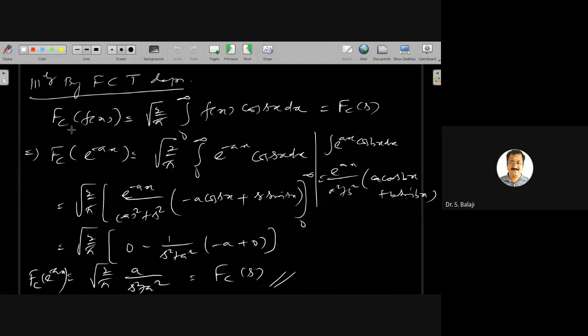You know the definition of the Fourier cosine transform here. For Fc of e power minus ax, instead of f of x we put e power minus ax: root of 2/pi integral 0 to infinity e power minus ax cos sx dx.